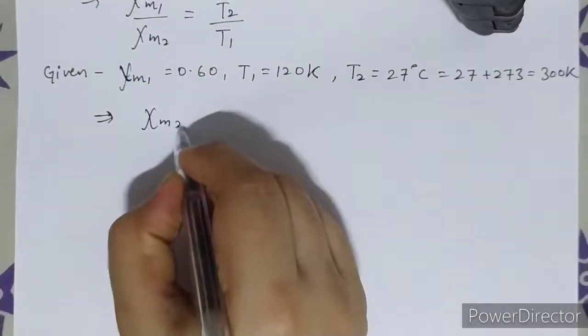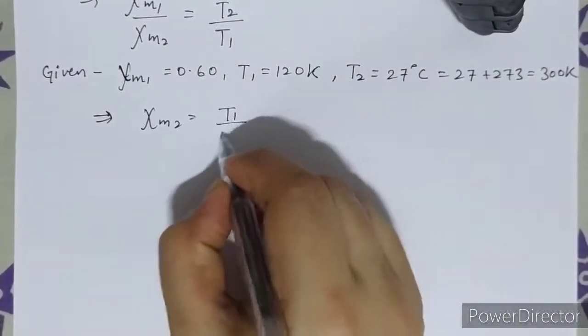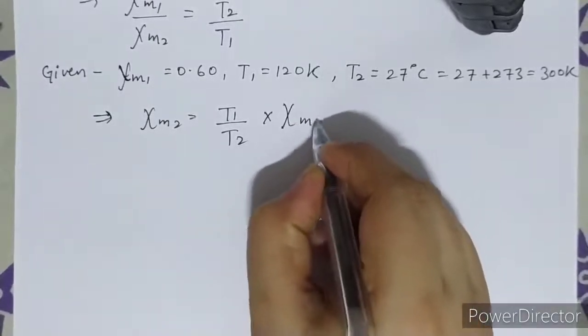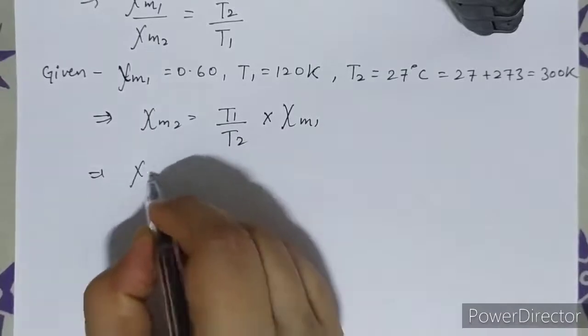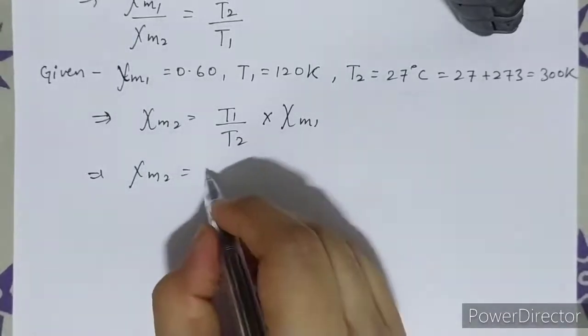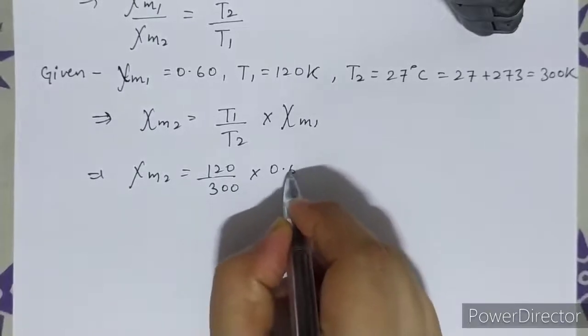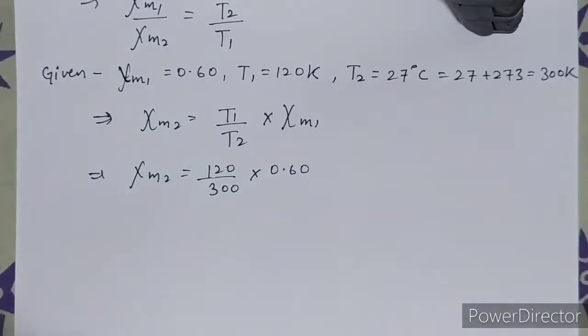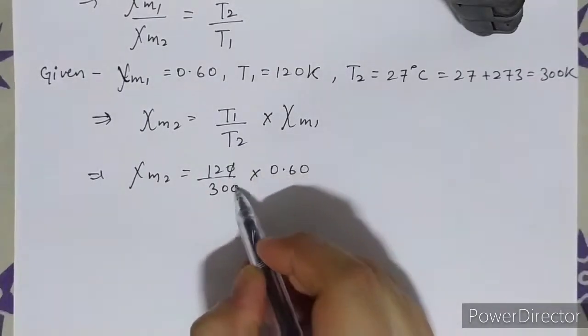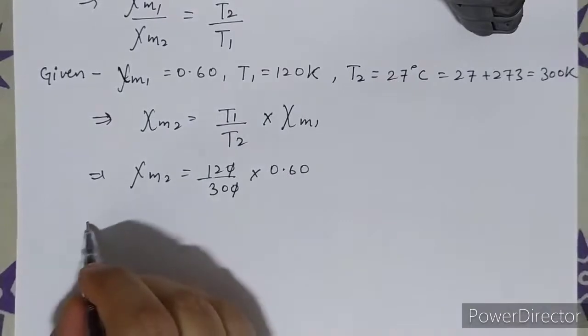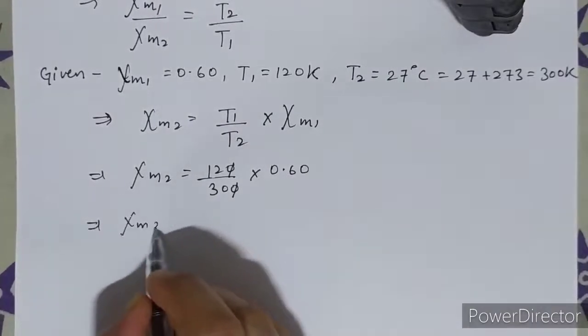So chi m2 you have to calculate, so it will become T1 upon T2 into chi m1. Just simply put down all the values. So 120 upon 300 into 0.60. When you calculate this, you get the value 0.24.